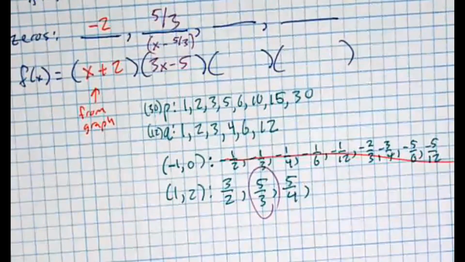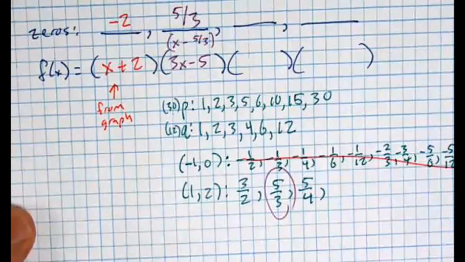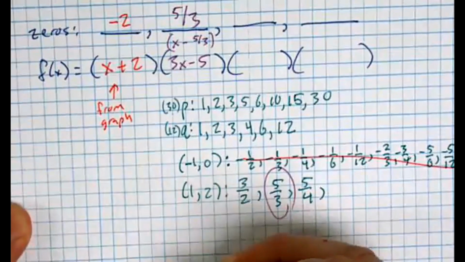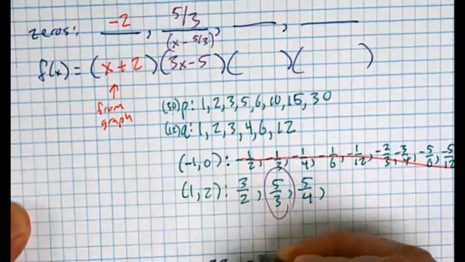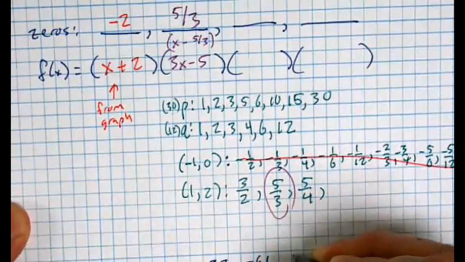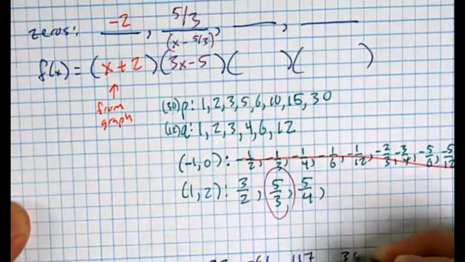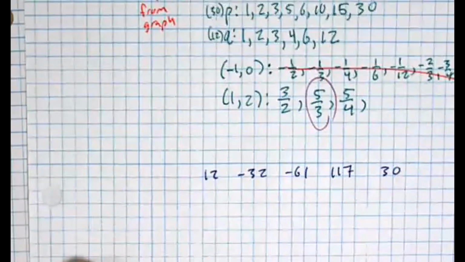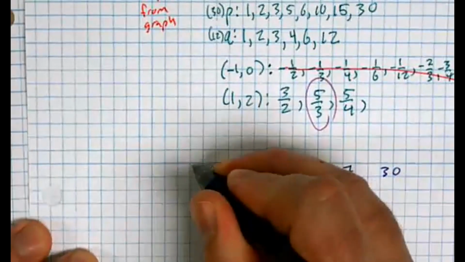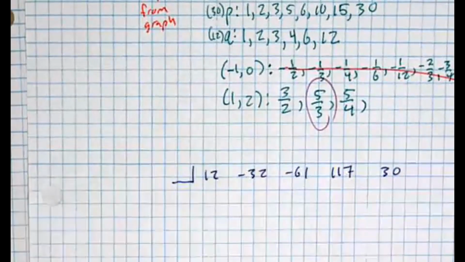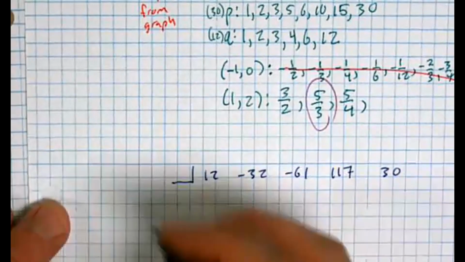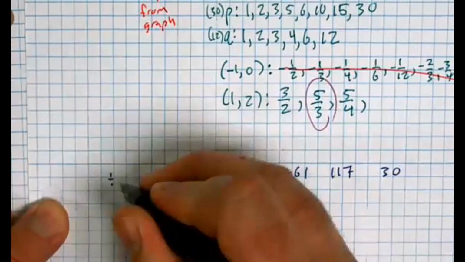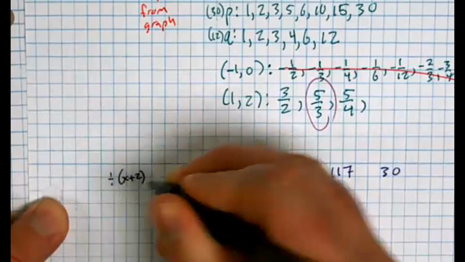All right, so let's take our original coefficients. 12, negative 32, negative 61, positive 117, and positive 30. And let's use synthetic division to divide out. So I'm going to divide by x plus 2 first.